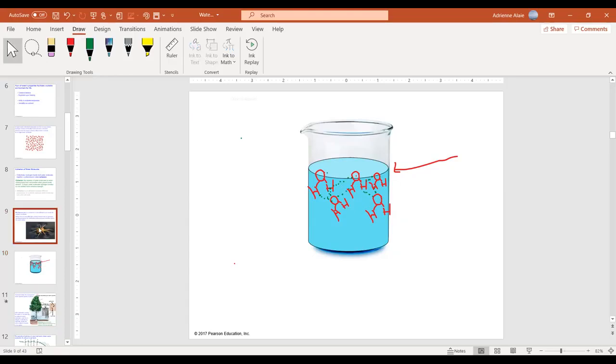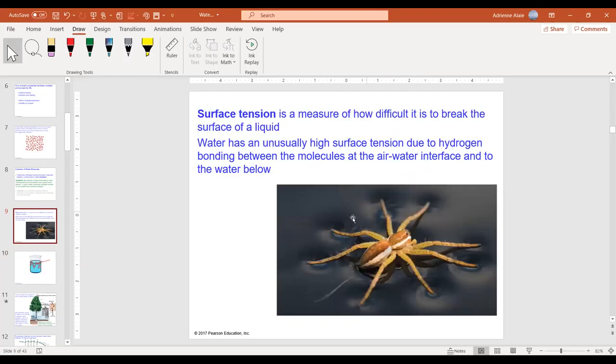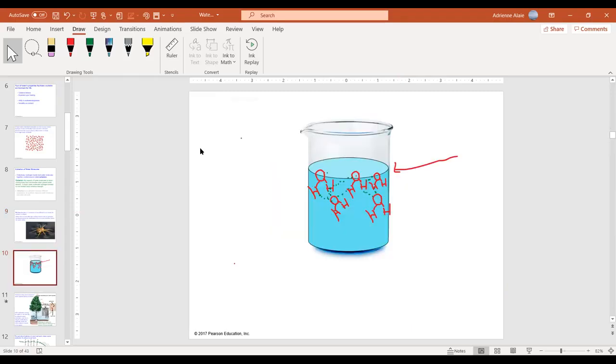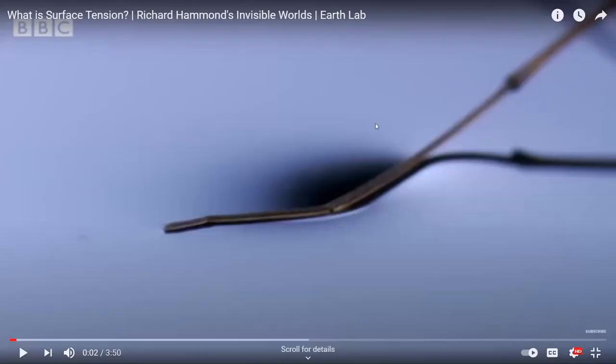And if we go back to this slide, we can see that there are insects that have evolved to be able to use this surface tension and sit on it, walk on it, mate on it, do all those things. So I have a great little video that I looked at. So hold on one moment. Okay, so this is from the BBC and it's narrated by Richard Hammond.